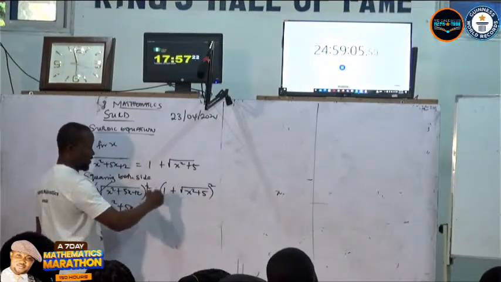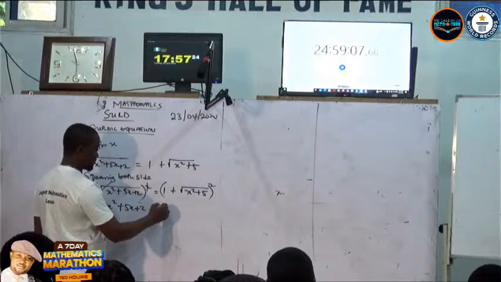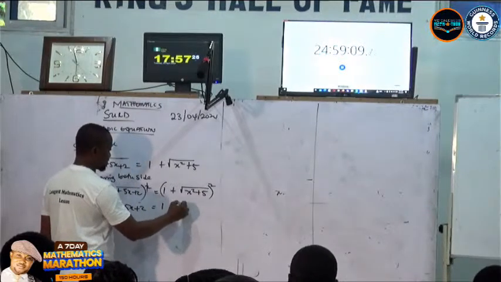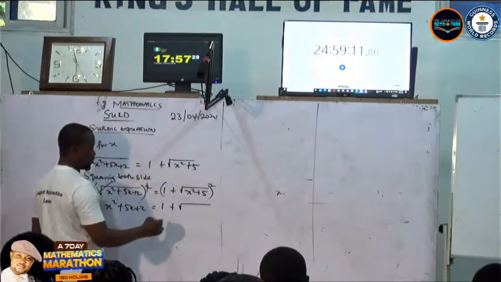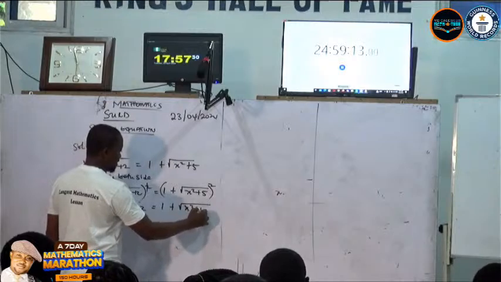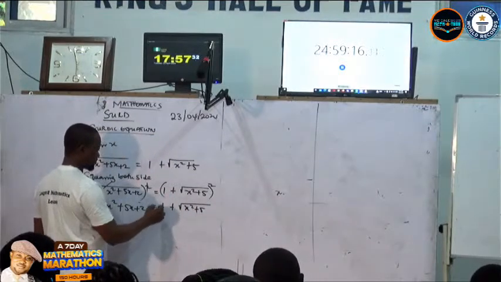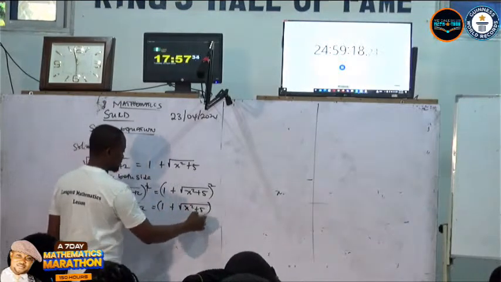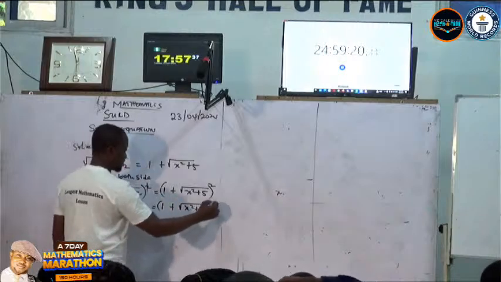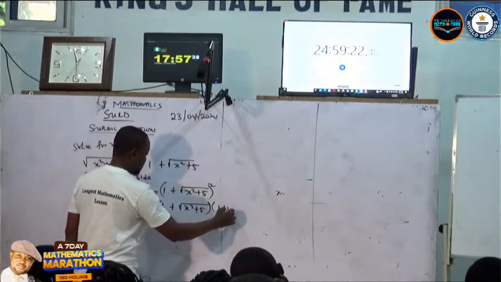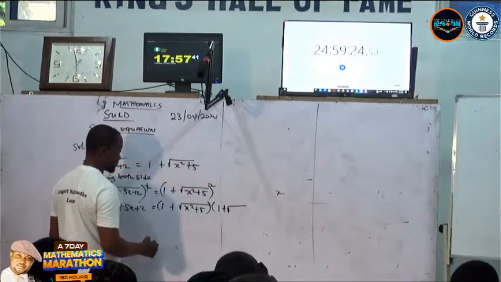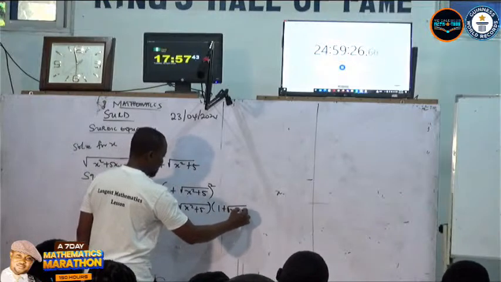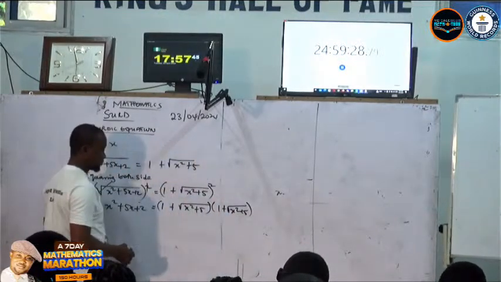So you are going to have the same thing 2 times, which is 1 plus the square root of x squared plus 5, then 1 plus the square root of x squared plus 5.